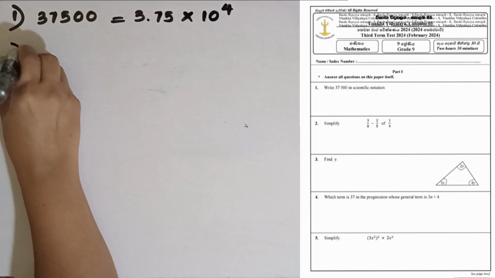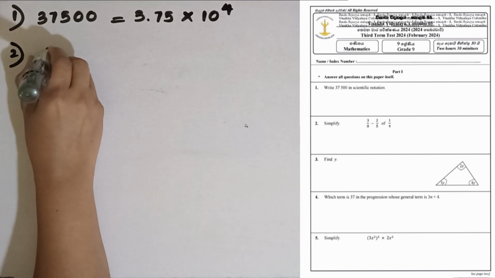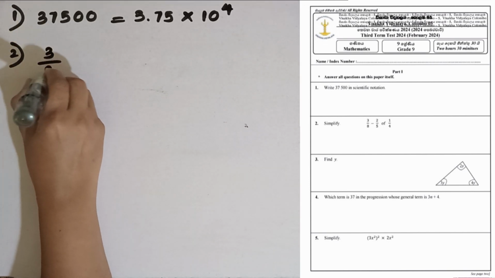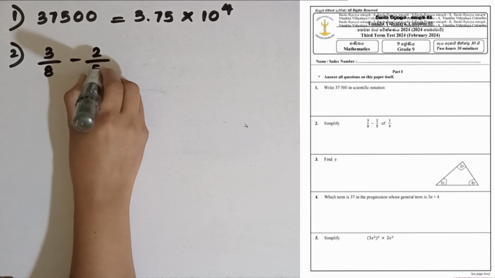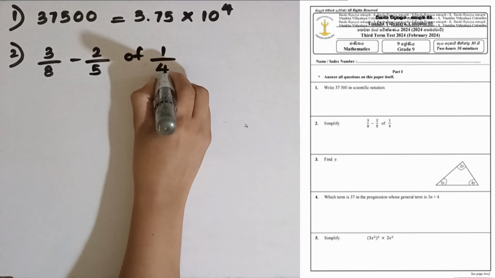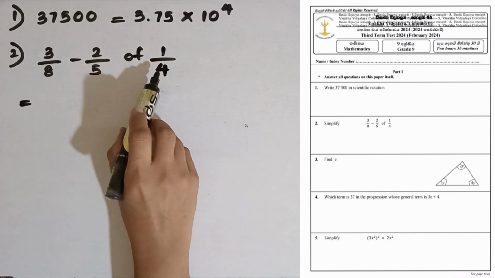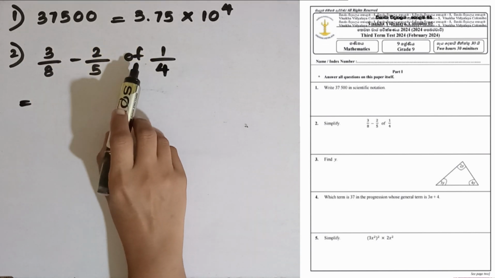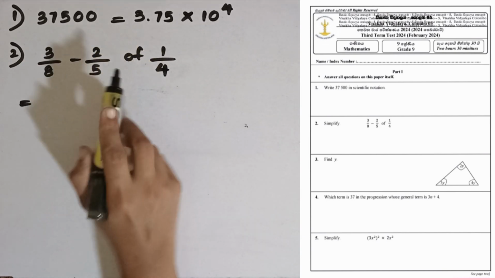Then second question, we are given to simplify this: 3 over 8 minus 2 over 5 of 1 over 4. Here first we have to perform this operation of. It can be converted to a multiplication.